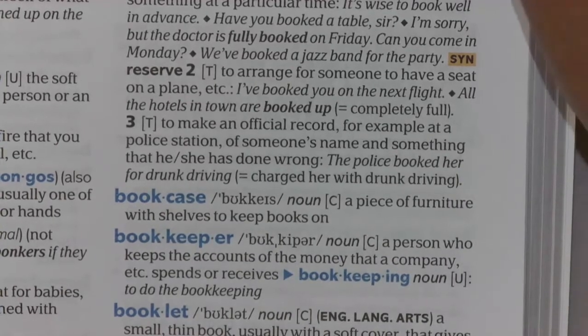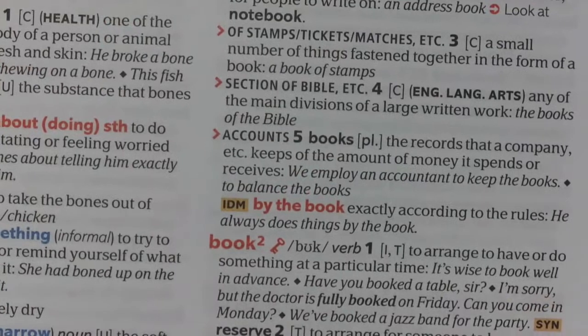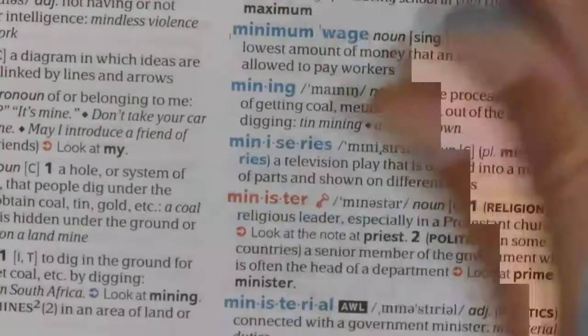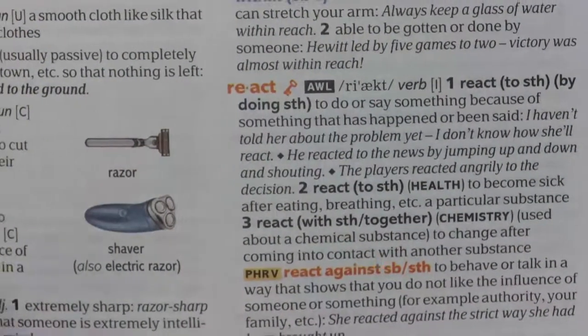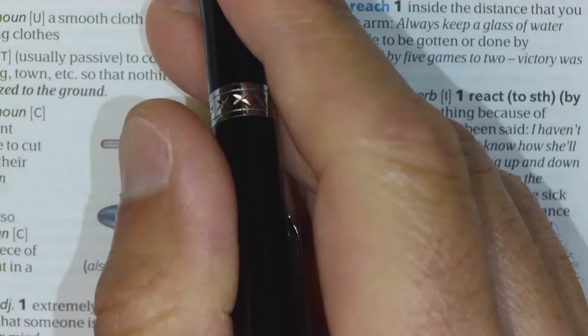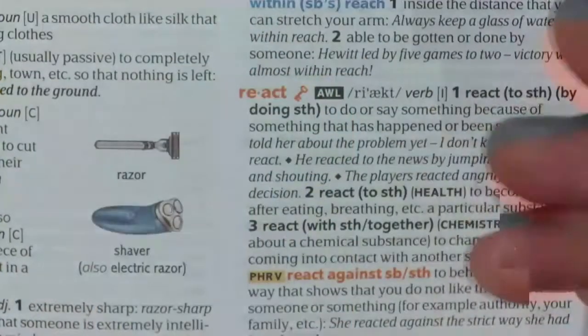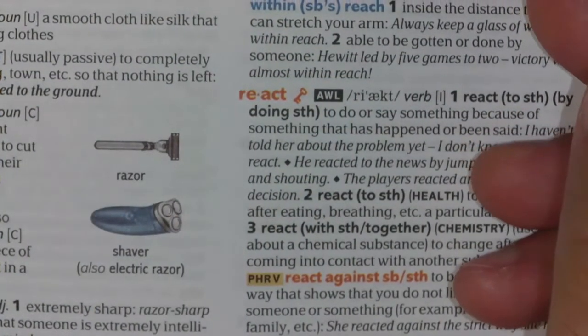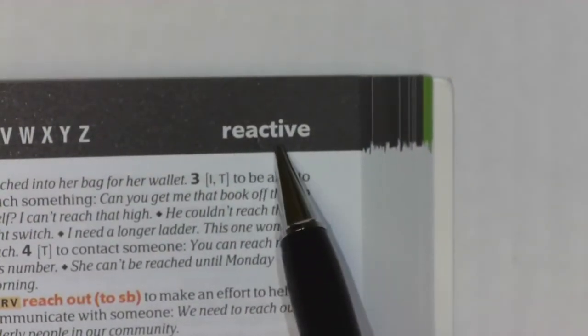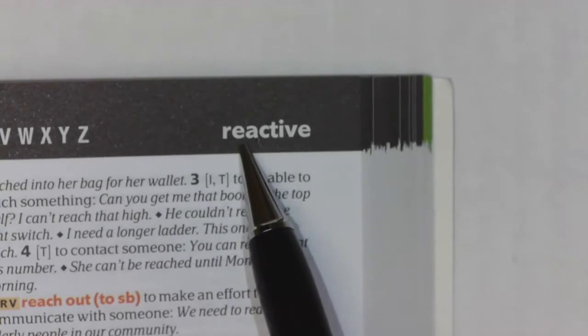So let's look at one more example. Let's look at the word read, because we read books, right? So again, alphabetical order, I want the R's. So R-E-A-D is what I'm looking for. The last word on this page is reactive, R-E-A-C.